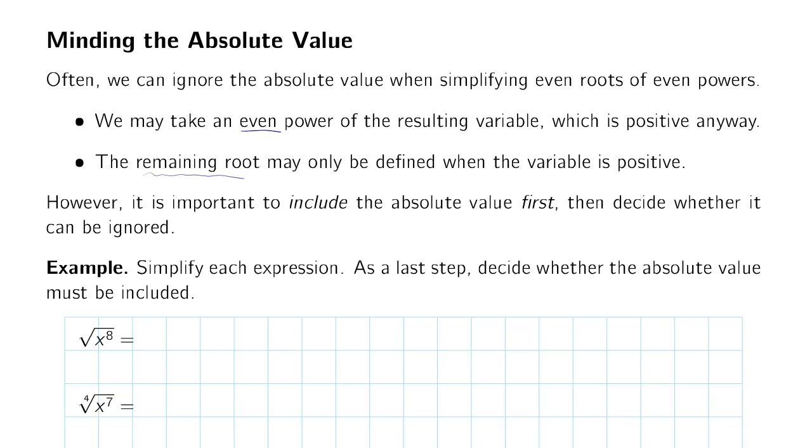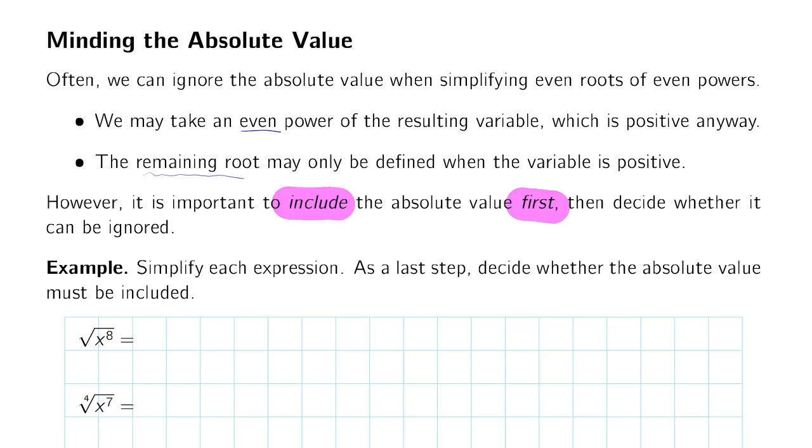However, it is very important to include the absolute value first and then decide whether it can be ignored. As far as this course is concerned, it is never wrong to include the absolute value in an expression where you took an even root of an even power.